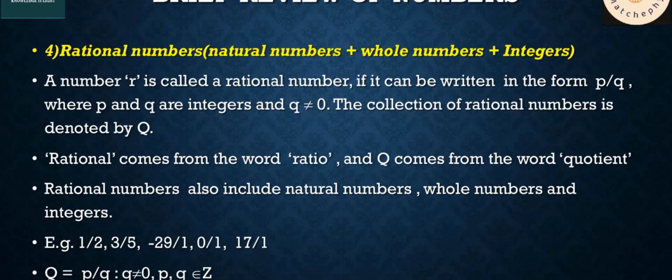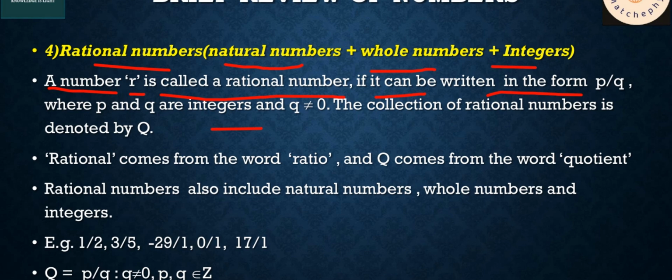Now we are going to learn about rational numbers. What do you mean by rational numbers, children? In rational numbers, we are going to include all the natural numbers, whole numbers and integers. All these three make rational numbers. So how can we define it now? A number R is called a rational number if it can be written in the form of p by q, where p and q are integers and q is not equal to 0.